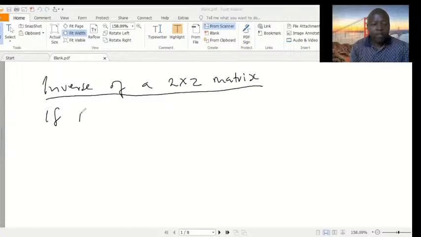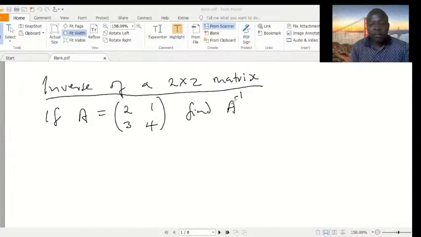Now, let me say that A is 2, 1, 3, 4. Find the inverse of A. So this is how we shall be denoting the inverse of A.